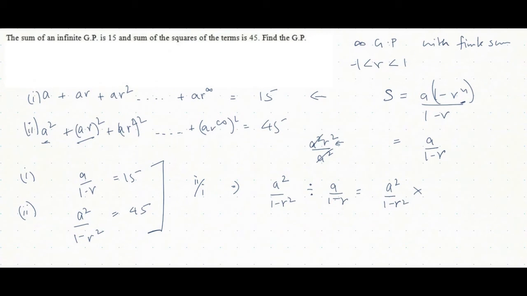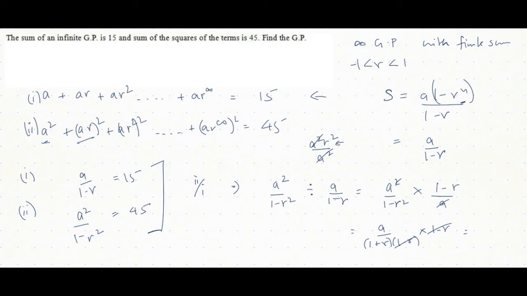Now let's start cancelling these terms. A cancels. So 1 minus r square is, I have just factorized it into 1 plus r into 1 minus r. So what I'm left with is just a by 1 plus r.